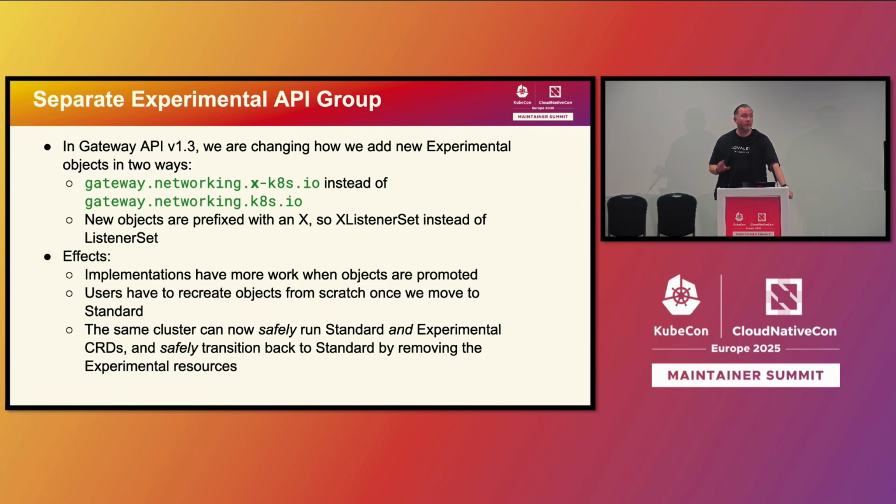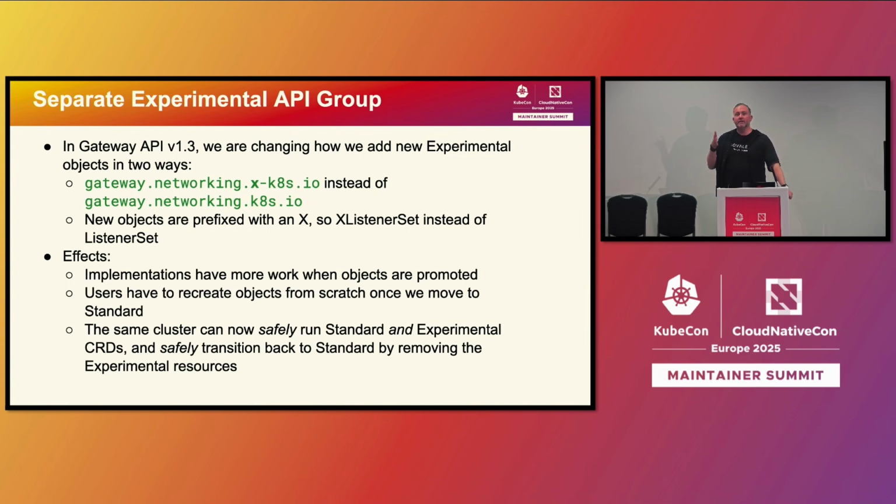So it's a really good question. Thank you. Yeah, we are putting work on implementations here, and to be honest, we feel like the trade-off is worth it. Putting the extra effort on the implementations does mean they need to do extra work, and some implementations may choose to stop doing the extra work, right? That's up to them.